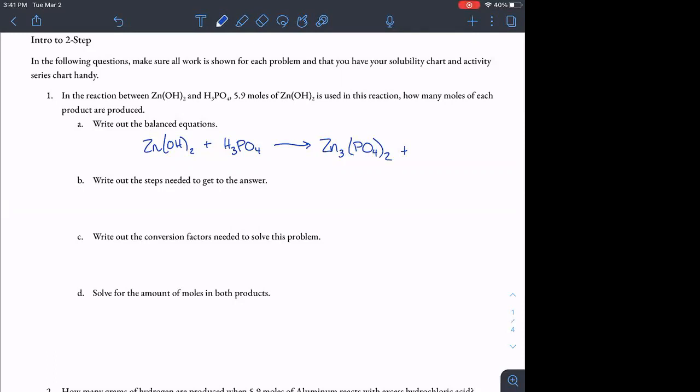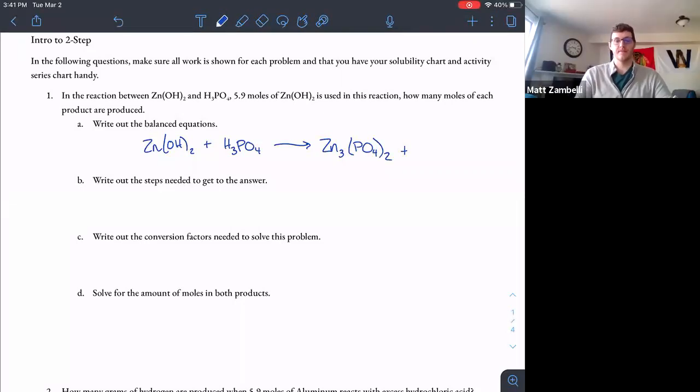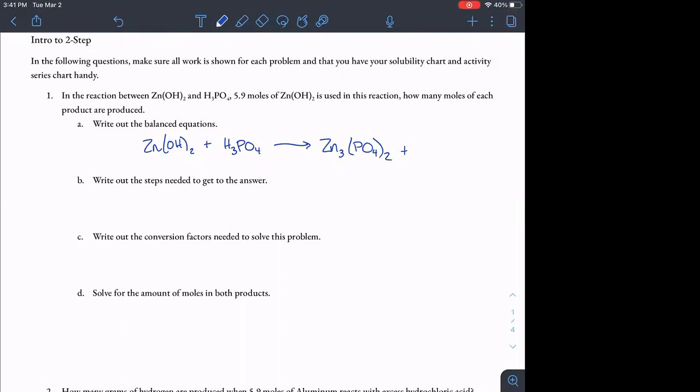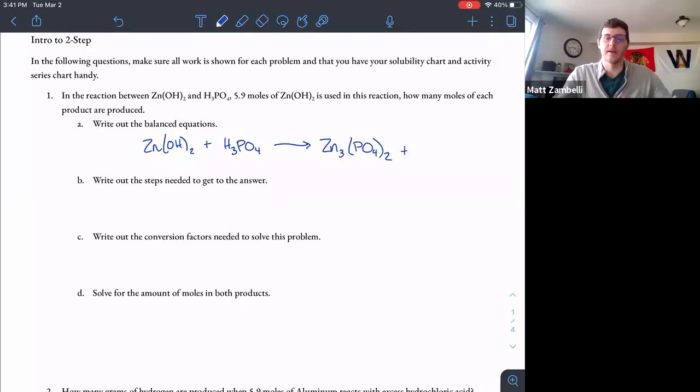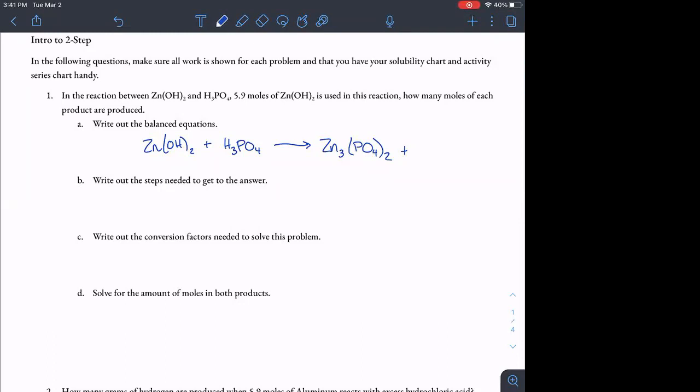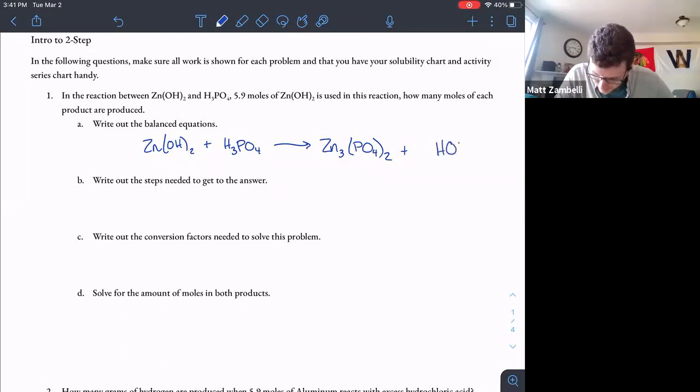One. +1. What's the charge on my hydroxide? -1. -1, which means what is my formula going to be for that one? HOH or HO. H2O. Perfect. HOH, or if you want to keep it as H2O, that is also acceptable.